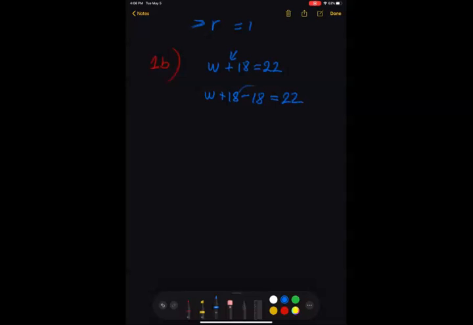And then let's not forget what we do on one side, we have to do to the other side. So minus 18. So 18 minus 18 is 0. So we have w left on this side. And 22 minus 18 is 4. So there you go.